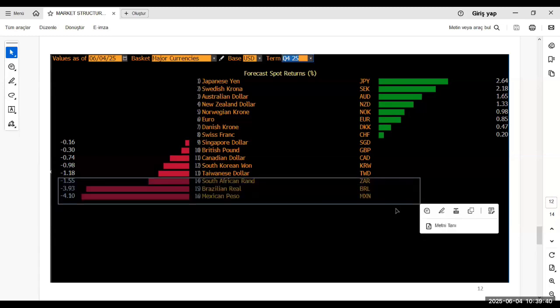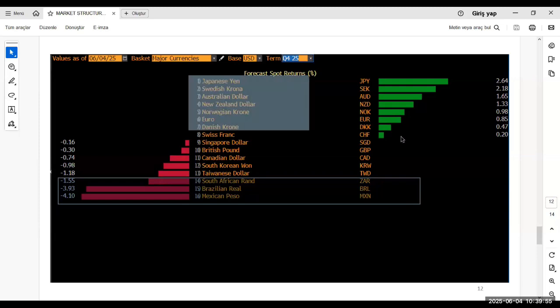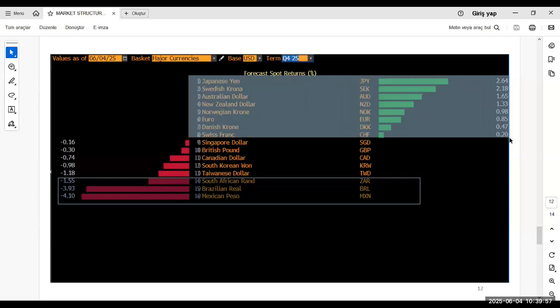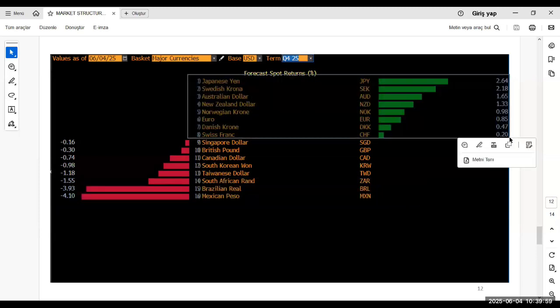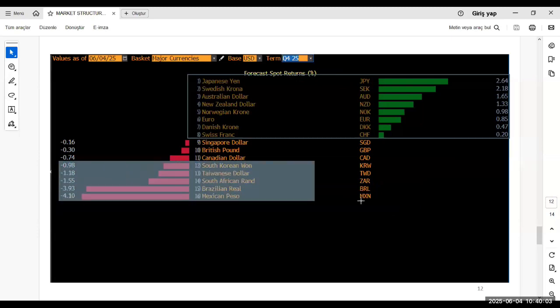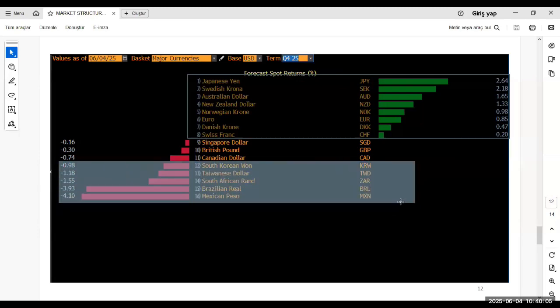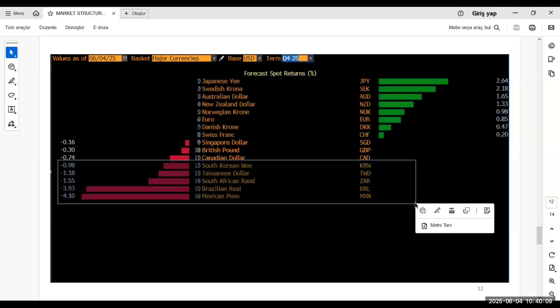So what is the message from this picture? The message is this: during the 6 months from now until the end of year 2025, the developed market economies' major currencies will appreciate against the United States dollar, and emerging market currencies will depreciate against the United States dollar.